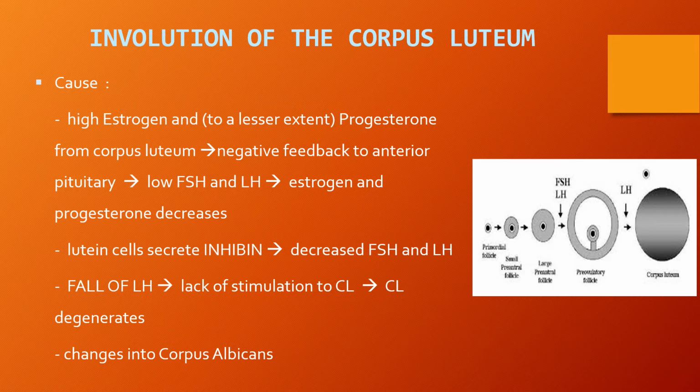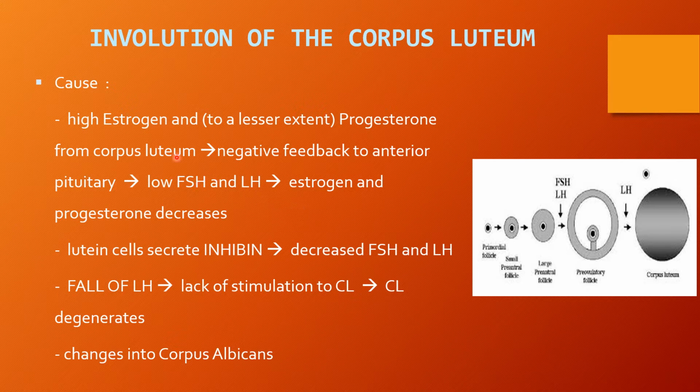Then what is now the process of the involution of the corpus luteum? So the cause would be high levels of estrogen, or even to the extent of high progesterone levels from the corpus luteum, which will give a negative feedback to the anterior pituitary, and with the negative feedback, it will now decrease the secretion of your FSH and LH.